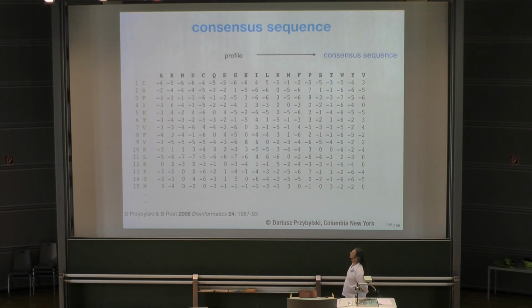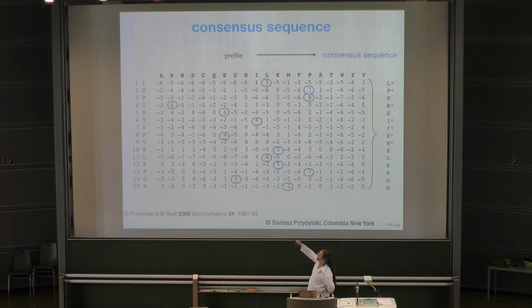And that is in fact now reusing the idea of consensus sequence. So you simply take the substitution matrix here, in this particular case is the position-specific profile, and at every single position here, I can mark, so my protein runs here, I, S, P, I, E, T, W, V, P, and so forth.